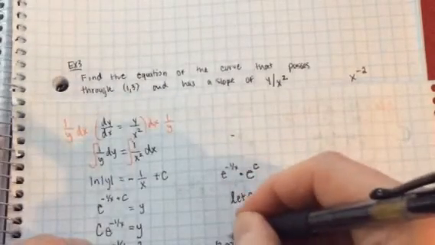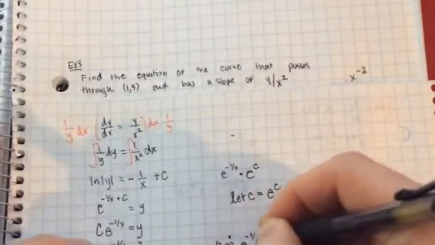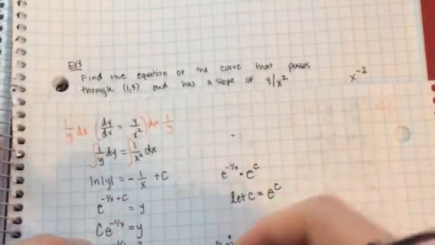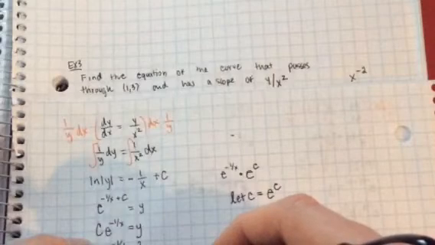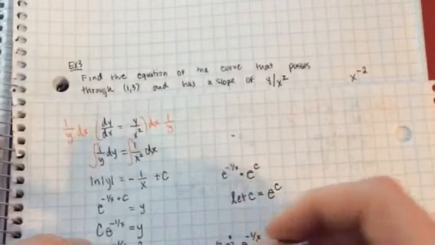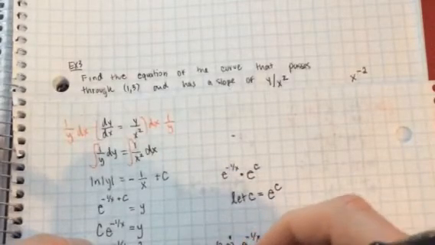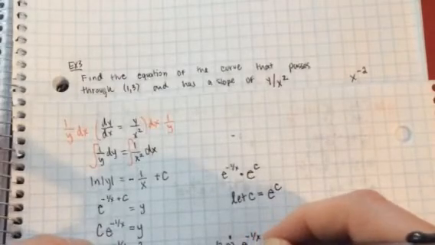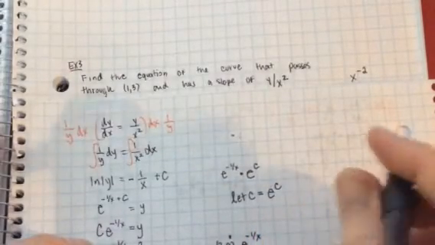Now this is a little bit of algebra right here. We got e to the 1 and e to the negative 1 over x, so we need to add the exponents. So this is really y equals 3 times e to the 1 minus 1 over x power.